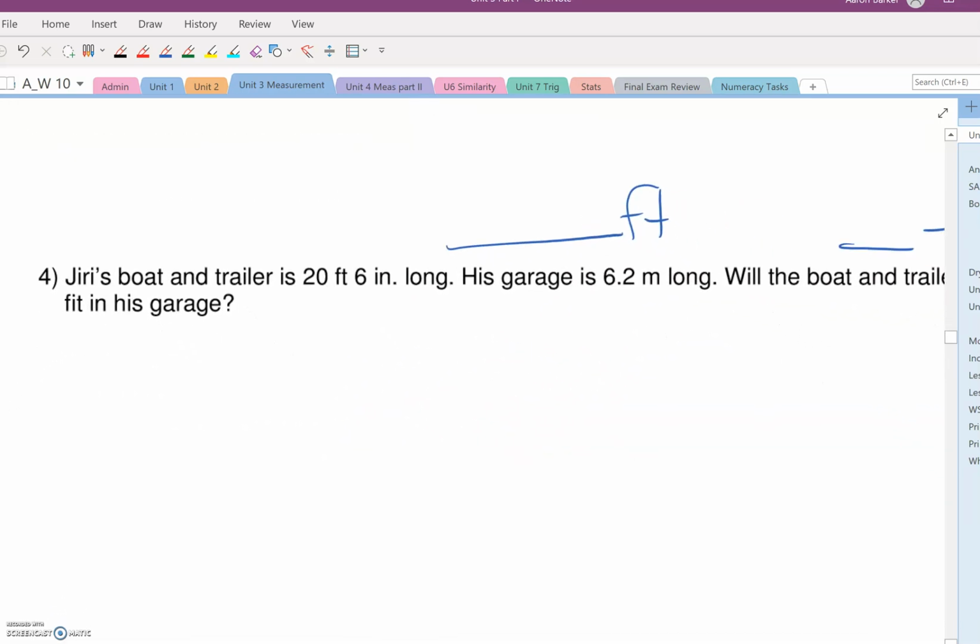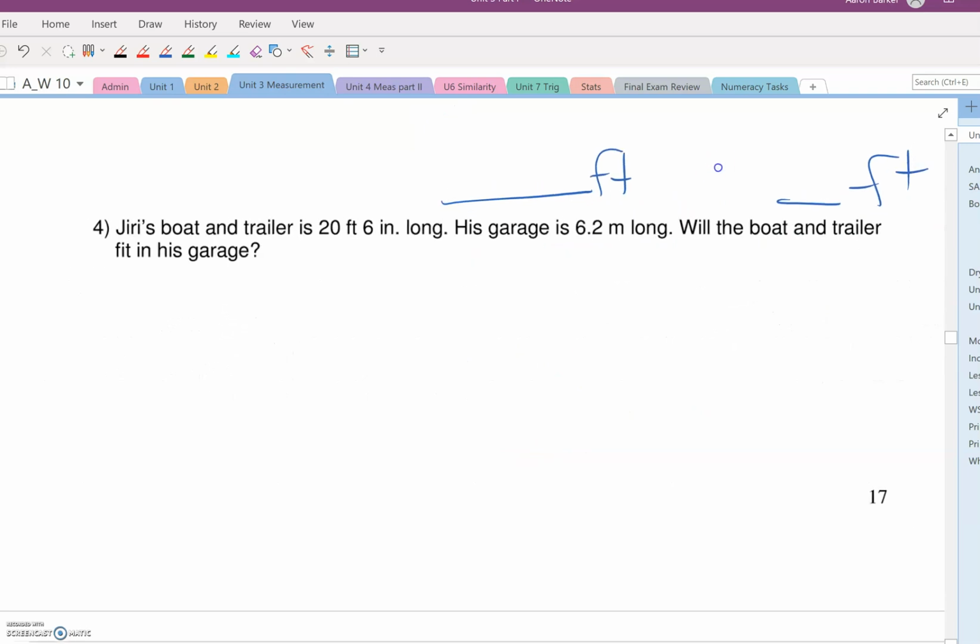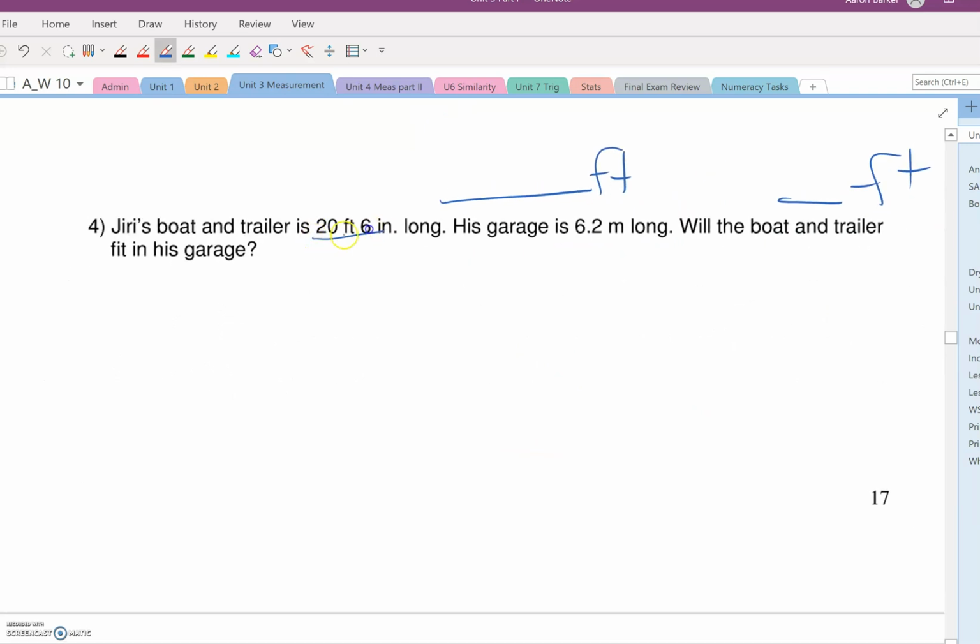The garage is 20 feet 6 long. You have a choice. You can convert into meters, or you can take this and convert into feet. Your choice on which one you want to do.